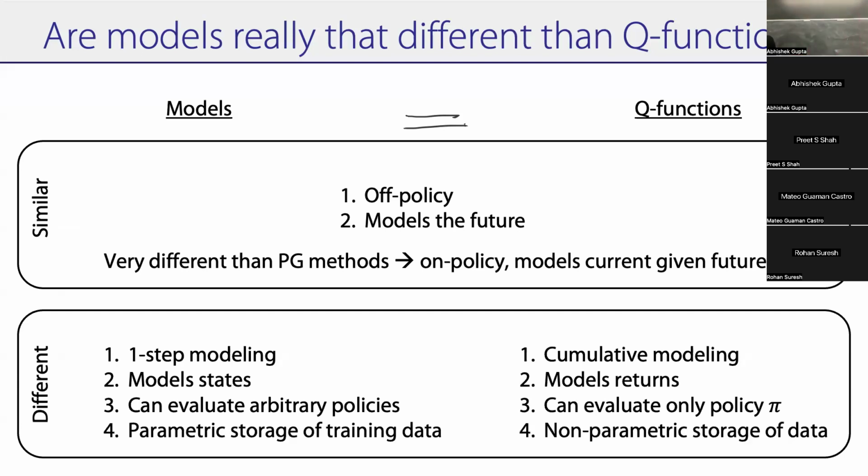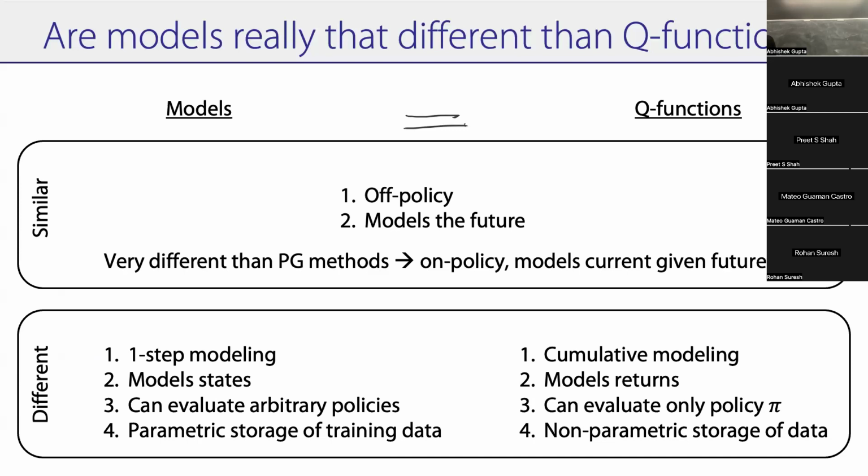A way I like to think about models is that they take all your training data and compress it into your parameters. It's like, I got a bunch of S, A, S prime, and a model can be thought of as a compression of S, A, S prime into neural net parameters, so that if I feed in an S and A, I get S prime. So you can think of this as parametric storage of your training data.